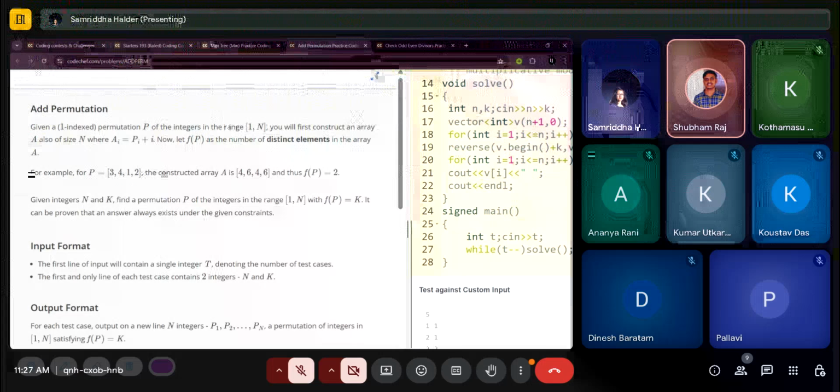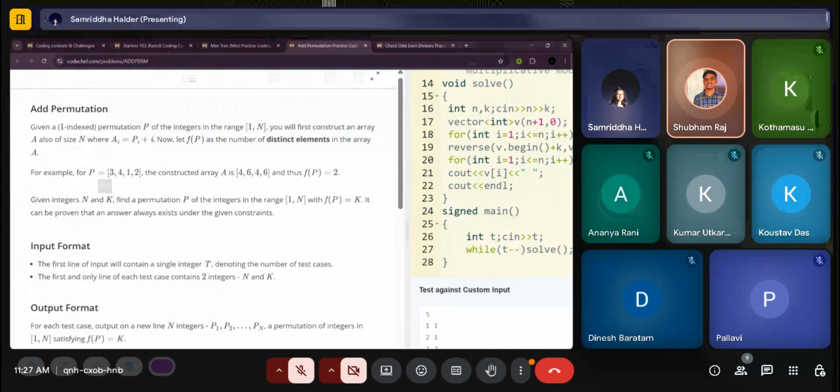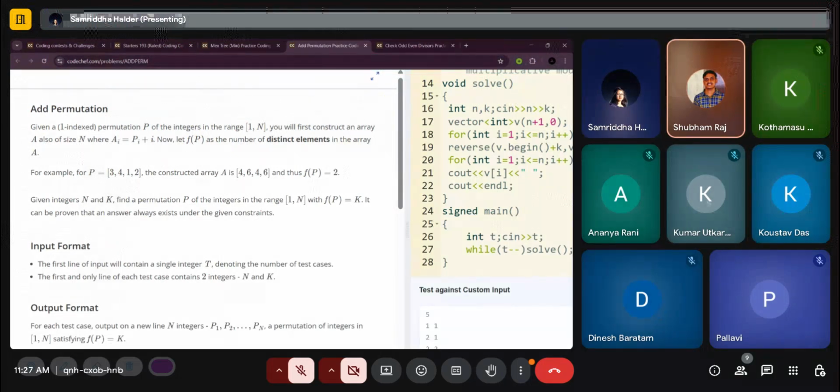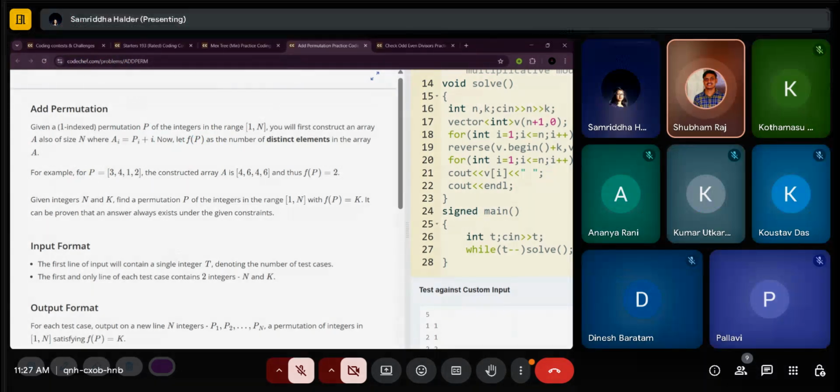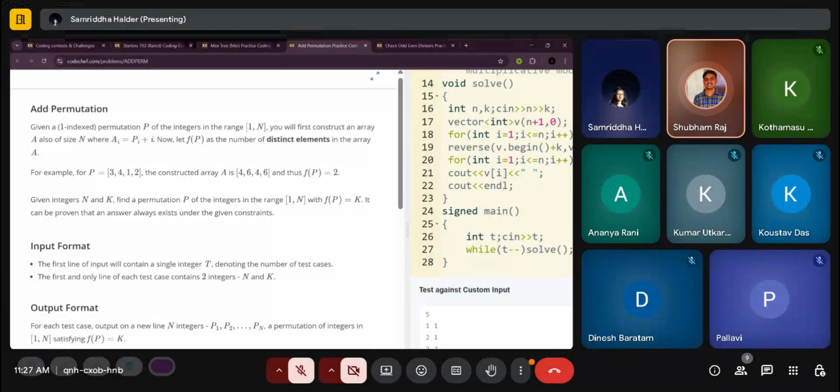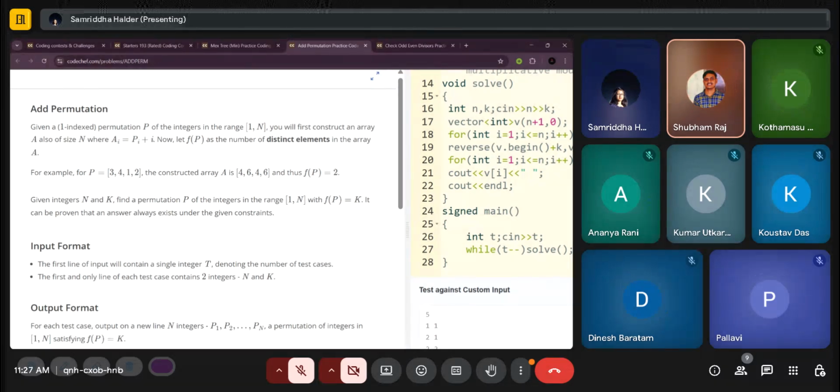So if we want two distinct numbers, then we can arrange it in such a way that three places are adjacent and one is in another place, and in that way we can form this array.